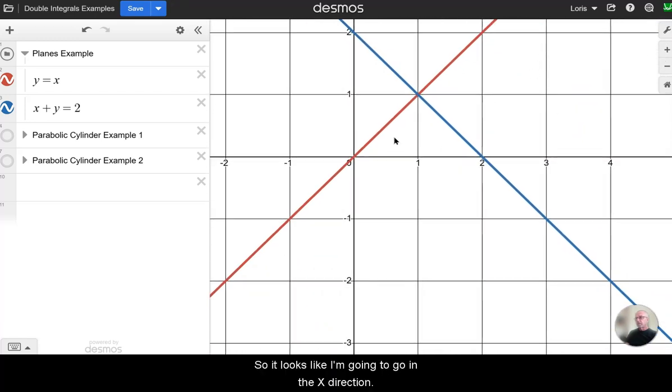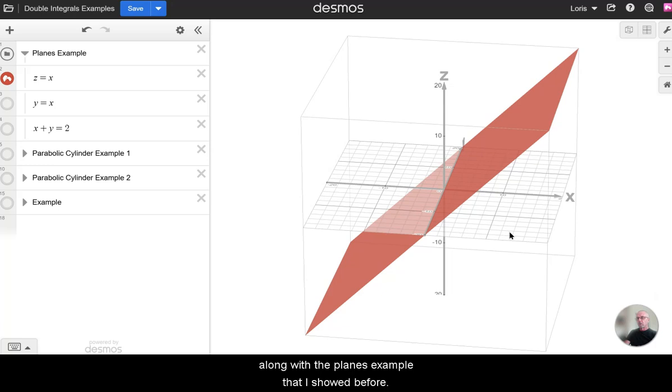So it looks like I'm going to go in the x direction, so I'll just do y equals 2 minus x and y equals x. So I'll probably just do the blue minus the red in the x direction. This Desmos example goes along with the planes example that I showed before.